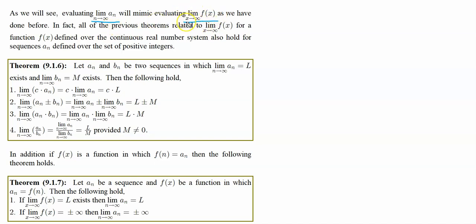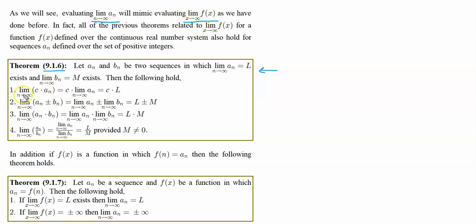So all of the results that hold for limits as x goes to infinity for functions also hold for sequences. So that's what Theorem 9.1.6 is doing. It's just restating results for limits of functions that we've already seen.